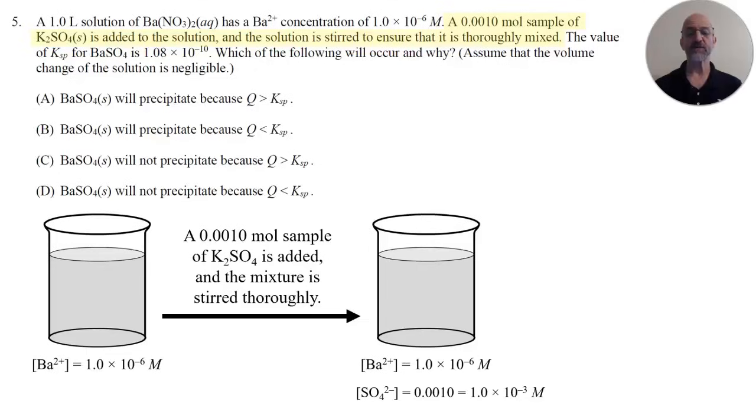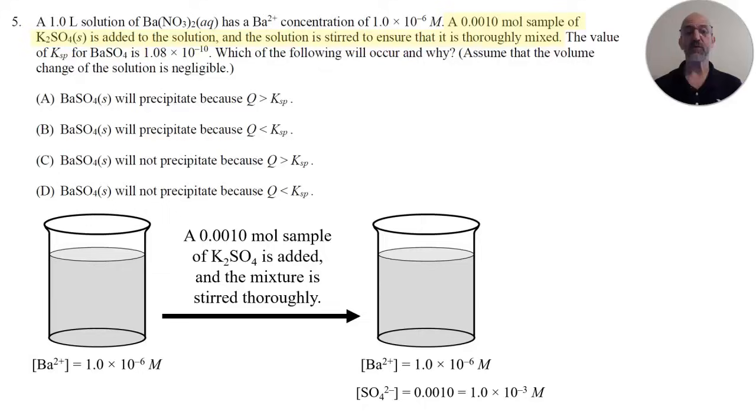So with 1 liter of solution, we know the concentration of barium, and because 0.0010 mole of potassium sulfate is added, that also would be the number of moles of sulfate present in a 1 liter solution. So my concentration of sulfate is 0.0010, or in scientific notation, 1.0 times 10 to the negative 3 moles per liter.